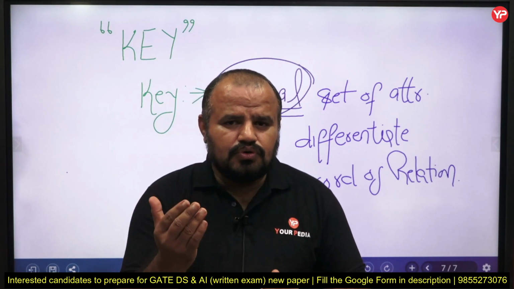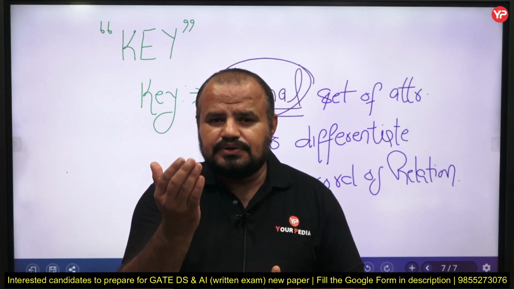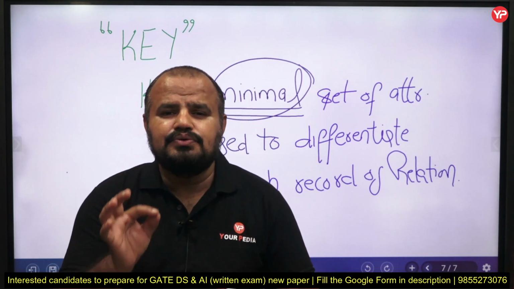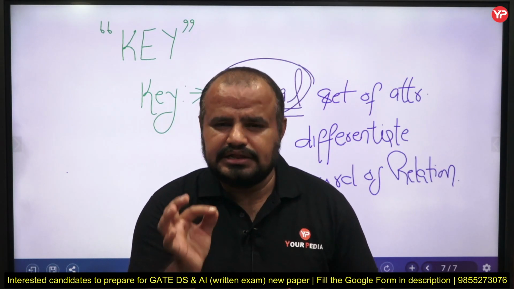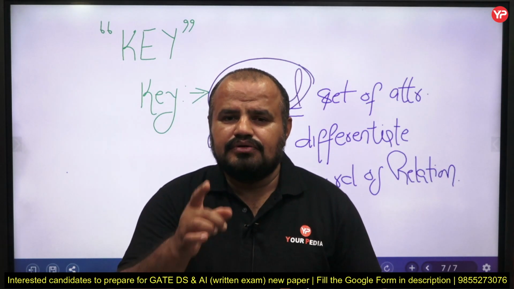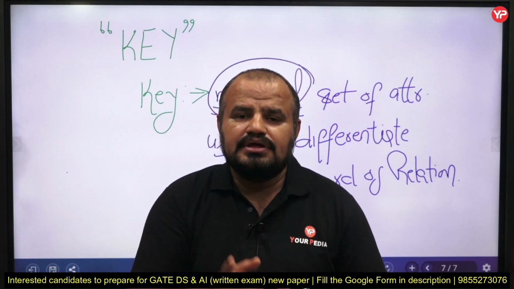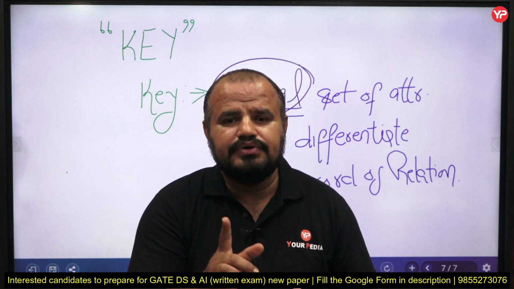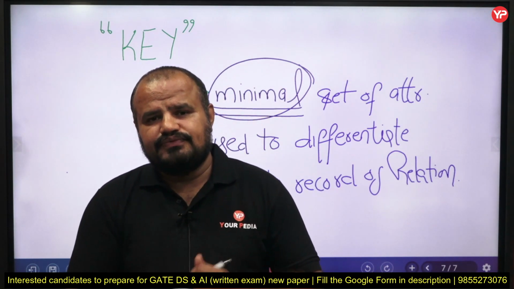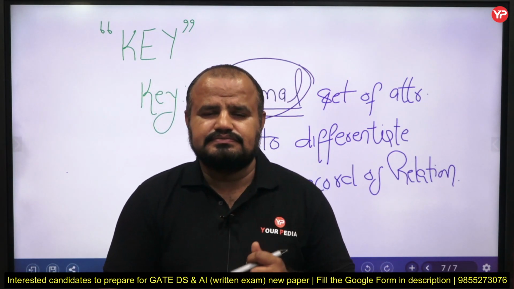Now, if you call the student with the roll number, are you able to identify each student uniquely? I think yes. So in that case, the roll number is the key element for your classroom, for that particular data set.